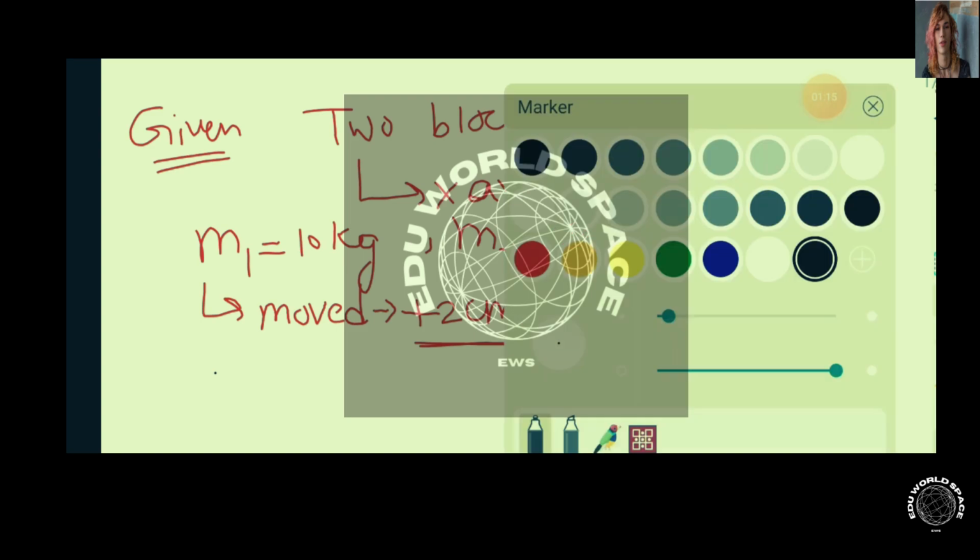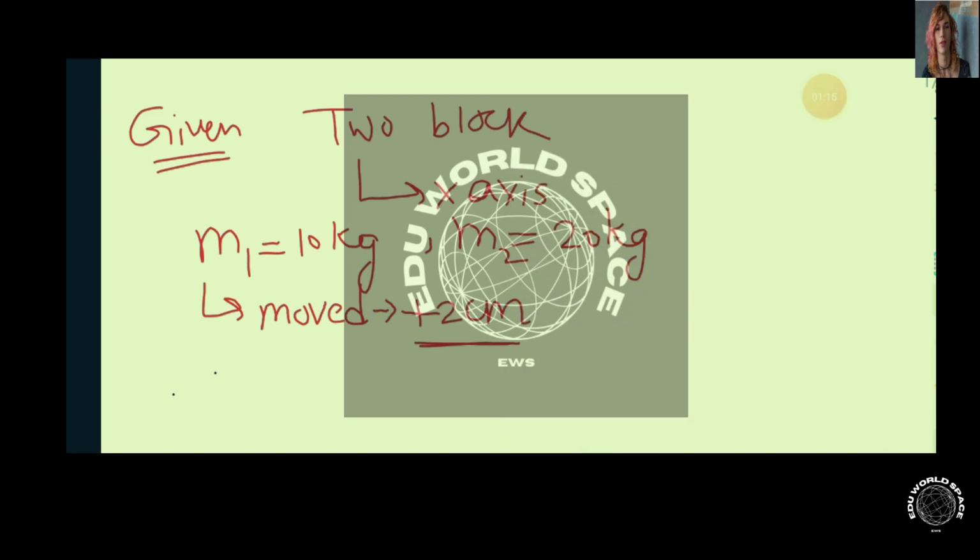Means we have to find the distance for the second block so that the position of center of mass remains unchanged.